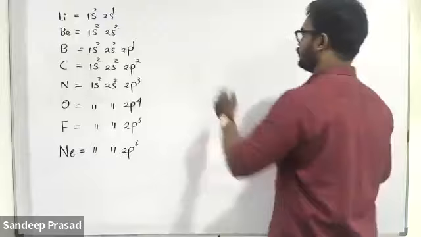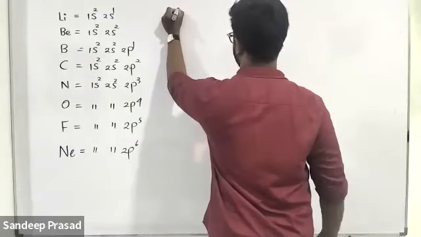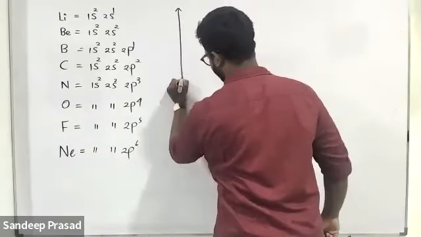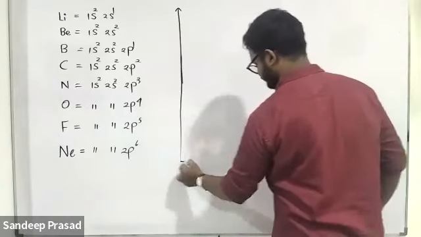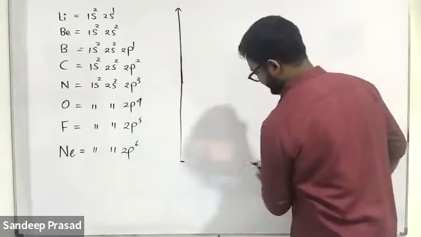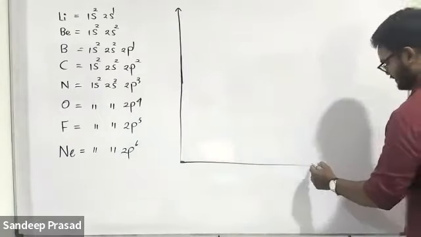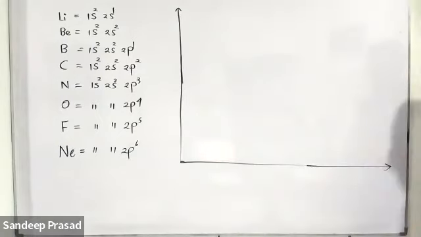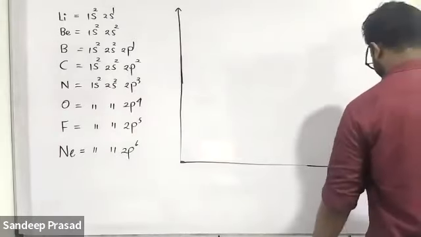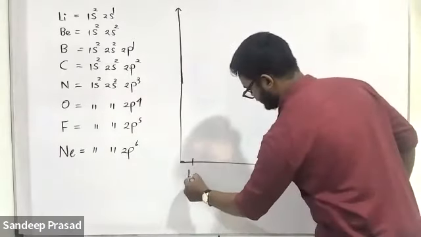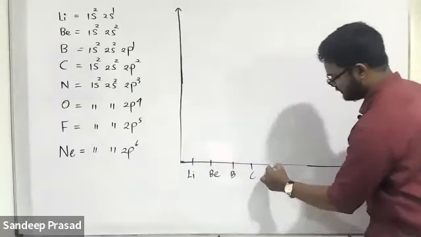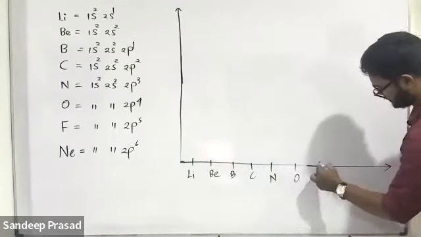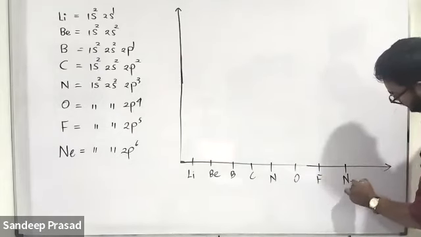So how should the ionization energy vary along a period? Since the radius is decreasing, ionization energy should increase, for lithium, beryllium, boron, carbon, nitrogen, oxygen, fluorine, and neon.